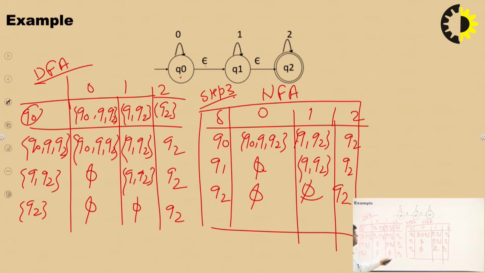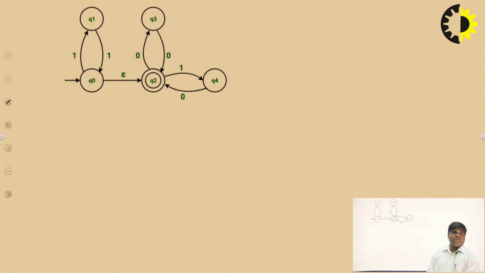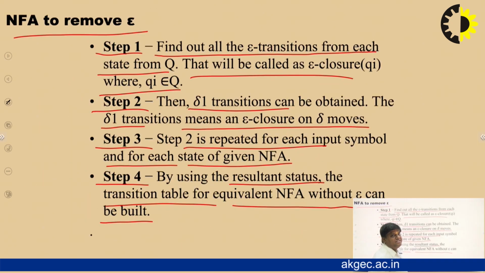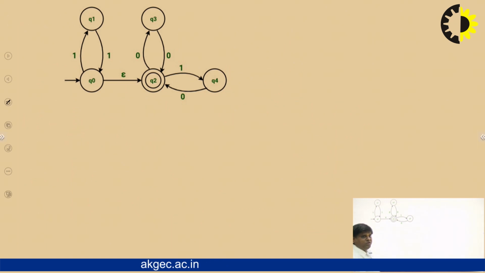Now this is the final result, and this is the final target: epsilon NFA to DFA. For better understanding, we move to another example. This is another example for epsilon NFA to DFA. The procedure is the same. We follow these procedures to find the final outcome. What is the first step? The first step is to find the epsilon closure for all the states.